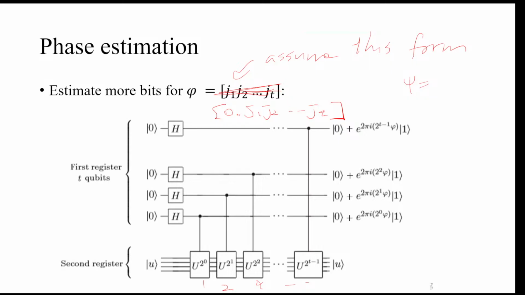So phi was j divided by 2 to the t, and if you multiply this, then you have 2 to the t minus l times phi. So 2 to the t minus l times phi will equal, when you cancel the 2 to the t, 2 to the minus l times j. So this is exactly the quantum Fourier transform.